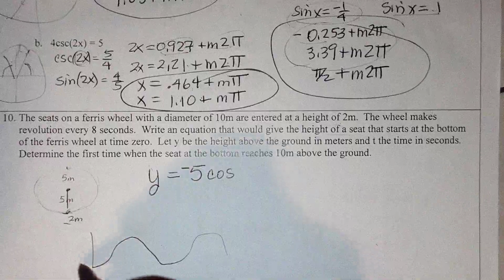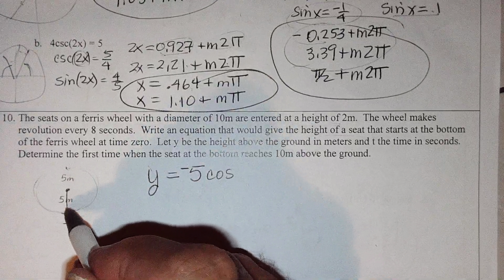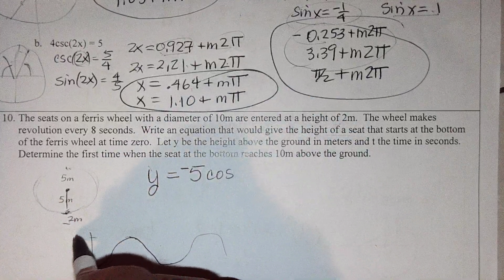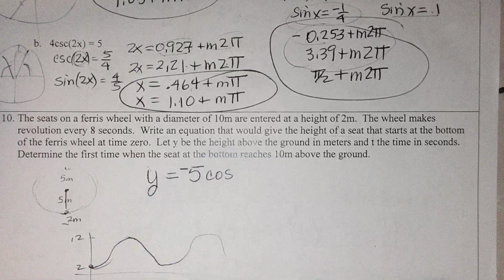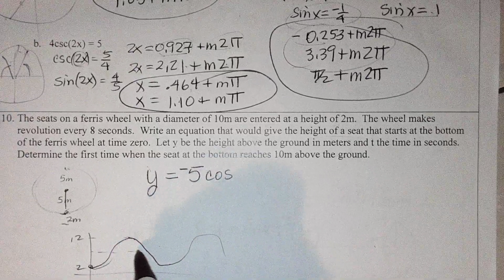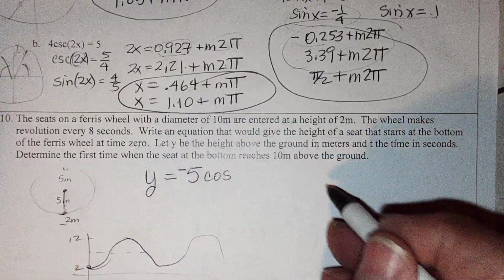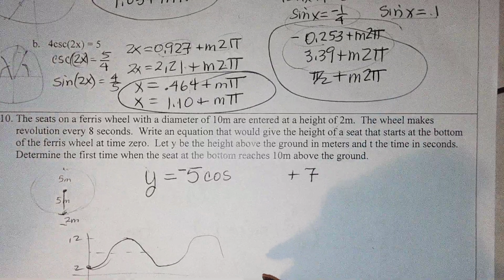So it's starting at the bottom, going up to the height of 2 plus 10, 12, and starting at a height of 2. The midline, therefore, is at 2 plus 5, or 7. That's what we add at the end.